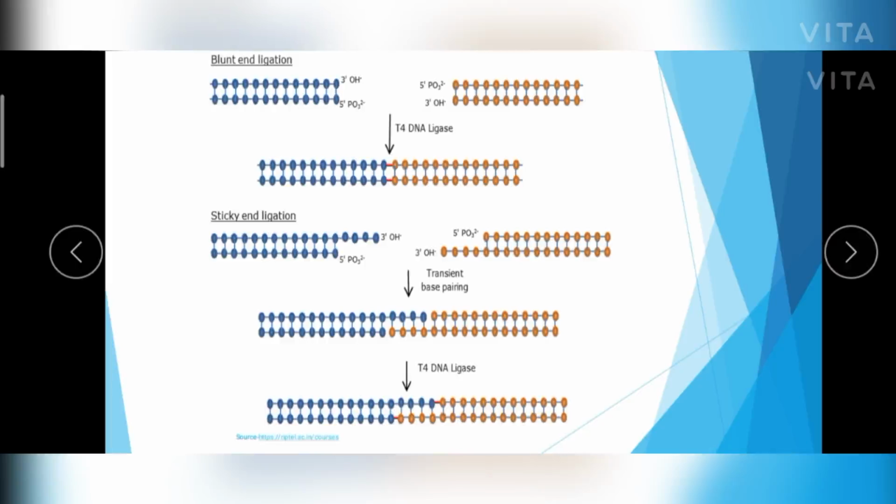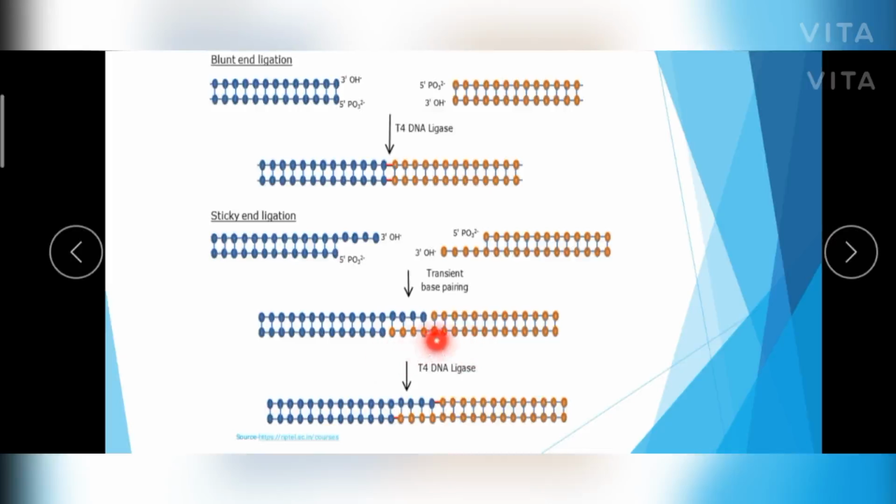Blunt end ligation means that when the restriction fragments have blunt ends or fleshy ends, then T4 DNA ligase is used, whereas sticky ends have single stranded overhangs.